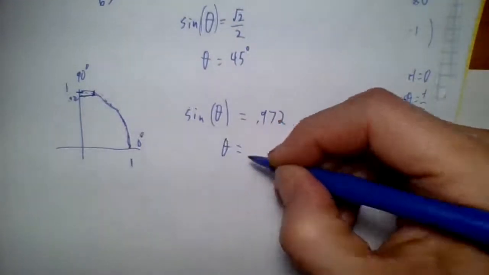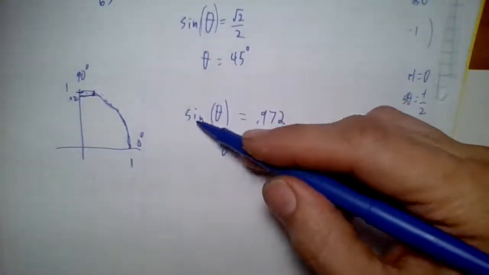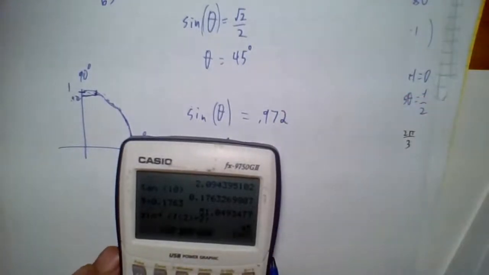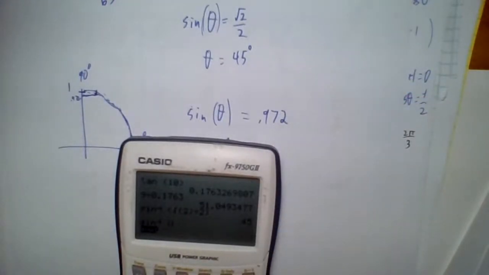So I'm trying to find theta. I have to undo the sine. That's the inverse sine function of 0.972.